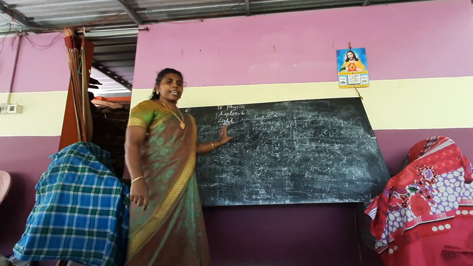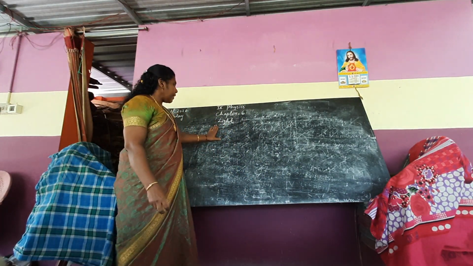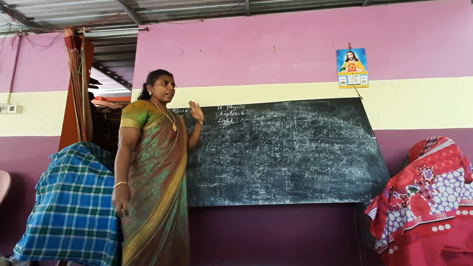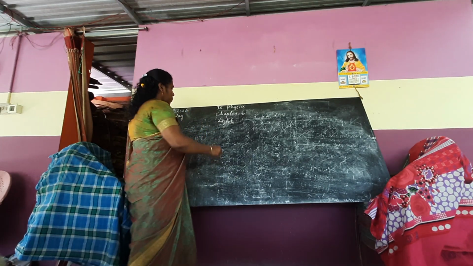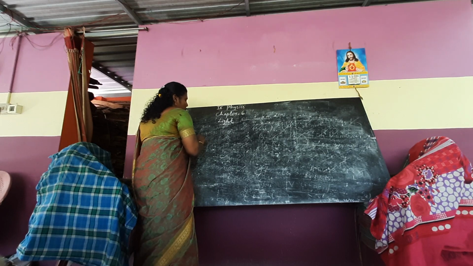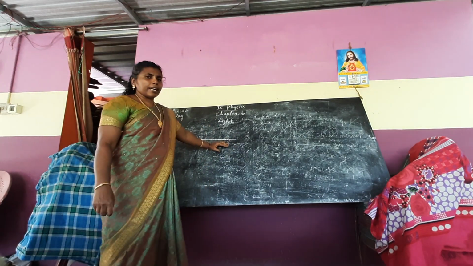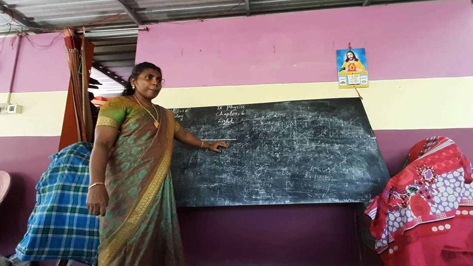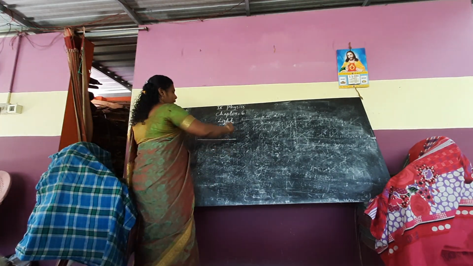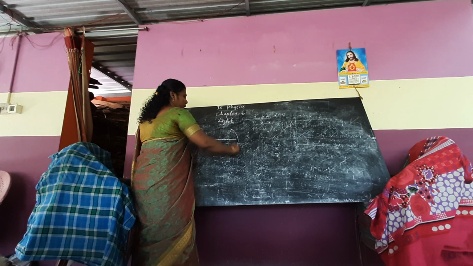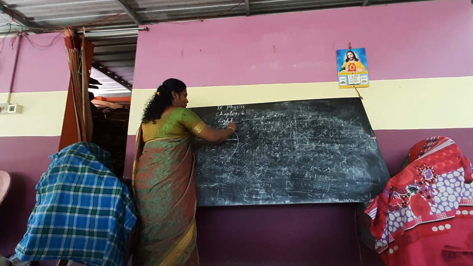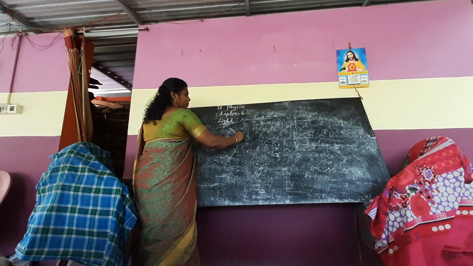See, first a ray diagram starting. First which line do we draw? The principal axis. A straight line you have to draw, that is the principal axis. Now we can draw the concave mirror, with its polished, reflecting surface.